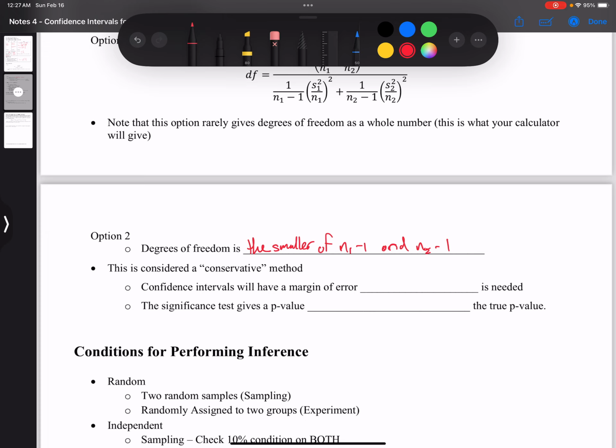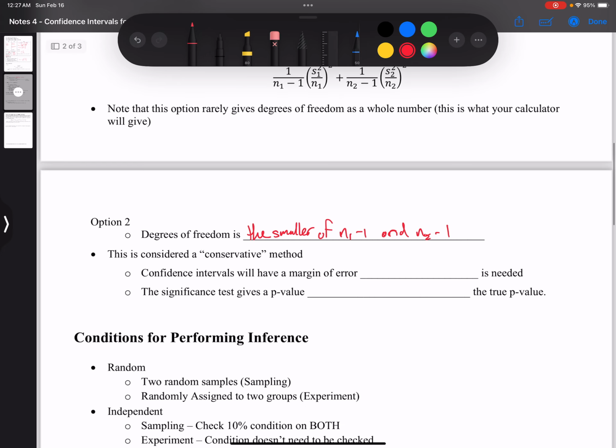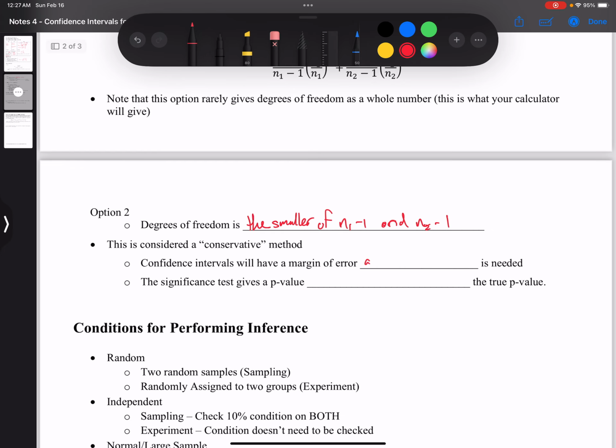We consider this a conservative method because when you use it, the confidence interval will have a margin of error as large or larger than what is needed.